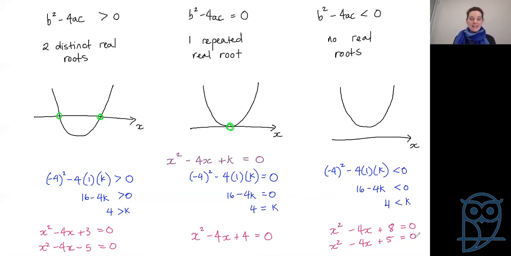So the next thing then is, how do we use this for something like an intersection? Here we're actually going to consider a past paper question.